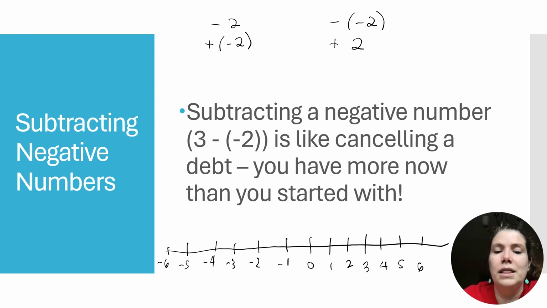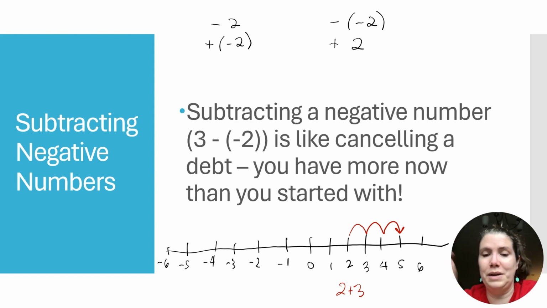So let's think about the problem 2 plus 3. You know it already, right? But what 2 plus 3 means is we start at 2 and we add 3 onto it. So we're going to the right, we're adding a positive onto it. So we're going 1, 2, 3. It ends at 5. That's 2 plus 3. If we had 1 minus 2, that means we're starting at 1 and we're going backwards 2 till we get to -1.